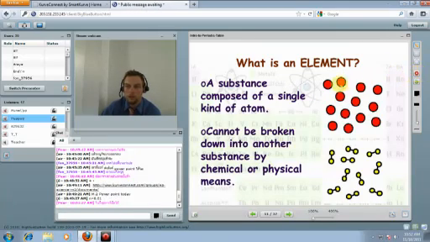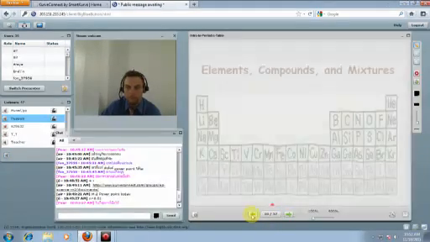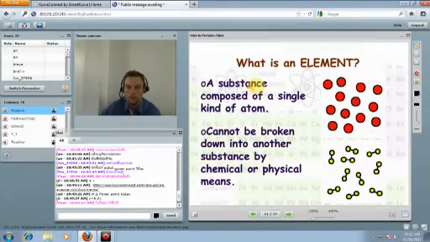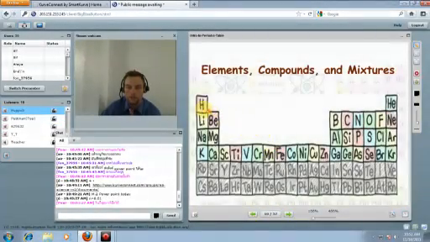Okay, that could be any of those, any of these elements, right? Each one of these is an element. If this is by itself, lithium, sodium, potassium, helium, krypton, carbon, nitrogen, oxygen, all of these are elements.